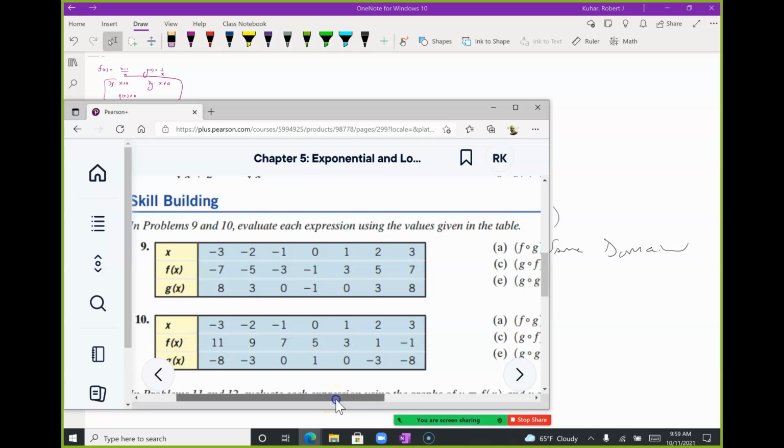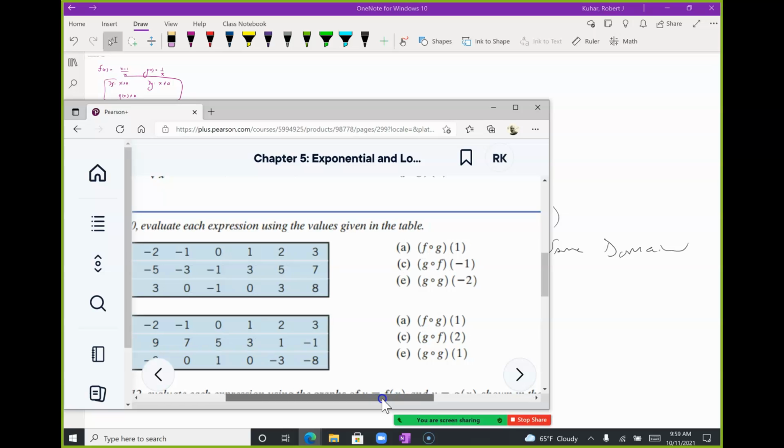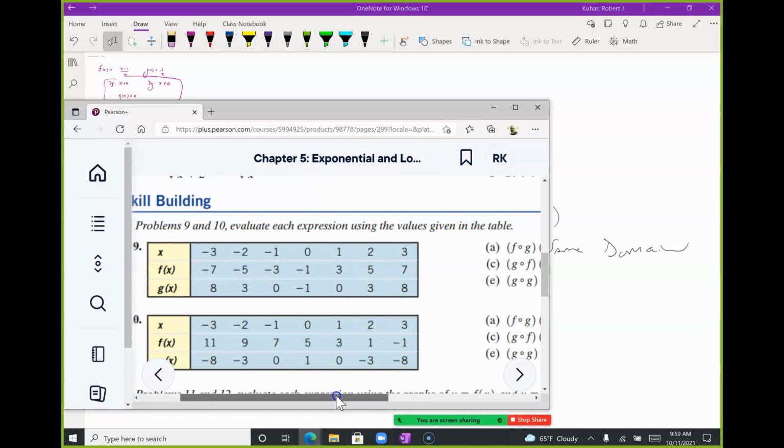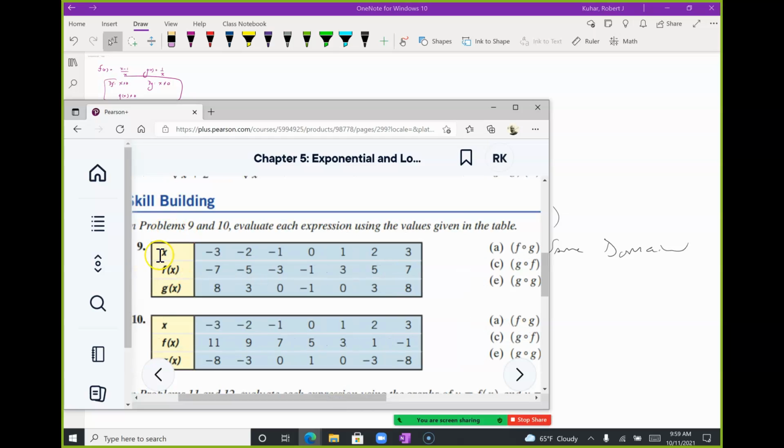What's my original input? Part A, f composed of g of 1. 1 is the input, right? And what function am I putting it into? On g. So g of 1, you can see where my x is. Can you see my mouse moving on x? Yes.